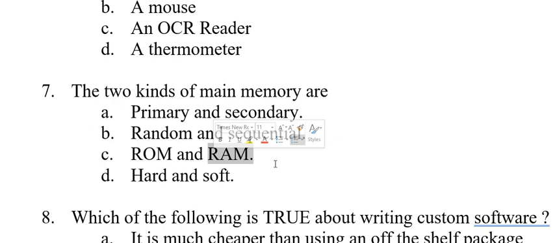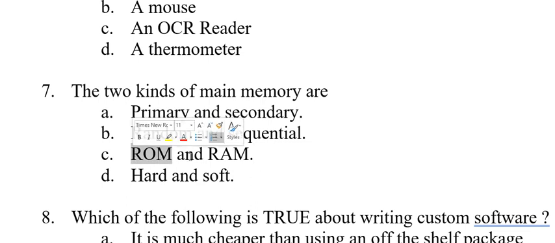When you turn off the computer, all information from RAM is erased. Please note also that the more RAM your computer has, the faster it will be. ROM, read-only memory, gives special instructions like how the computer boots up. It is programmed by the manufacturer. It cannot be altered or modified. Okay, so the answer for number seven in this case, we said it's this, right?